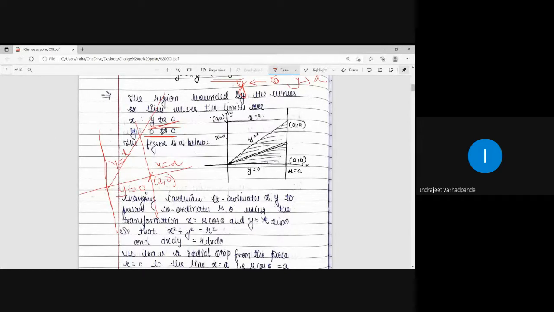Y is equal to a is a line parallel to x-axis. The equation of the y-axis is x is equal to 0. This is the y-axis, this is the x-axis. The region will be drawn in this way.